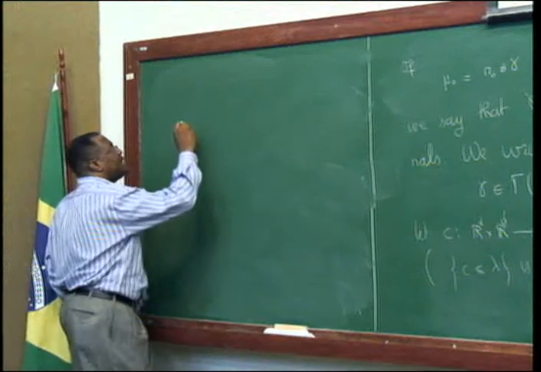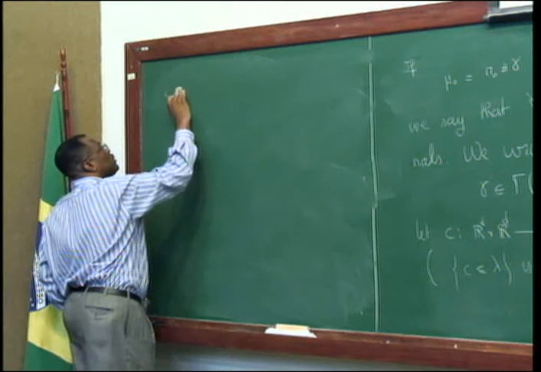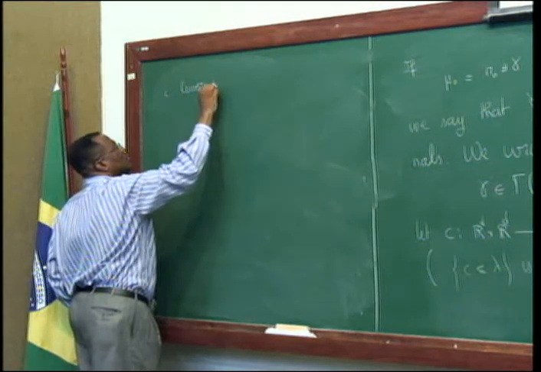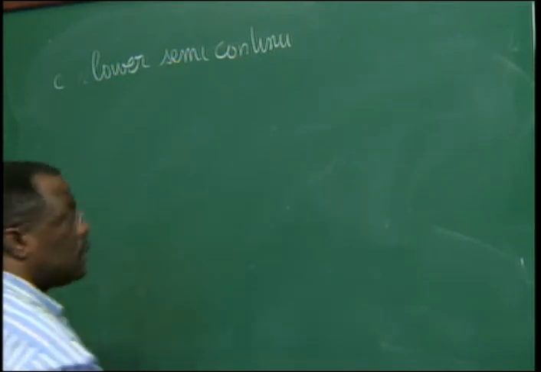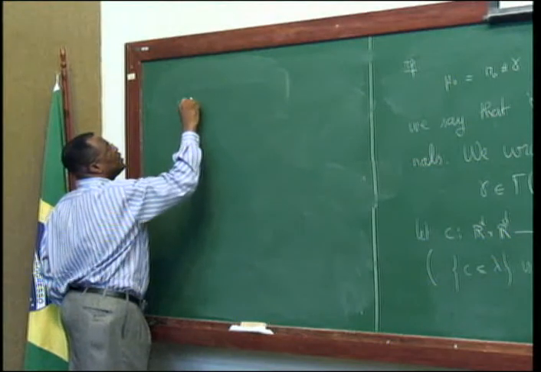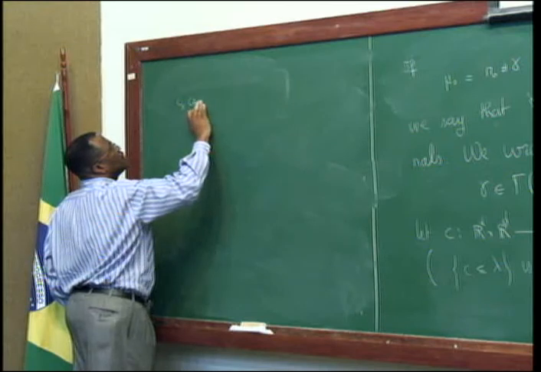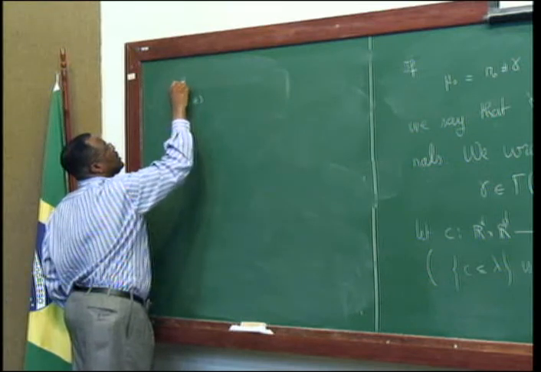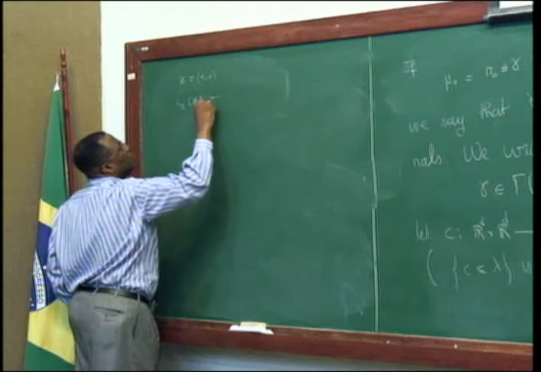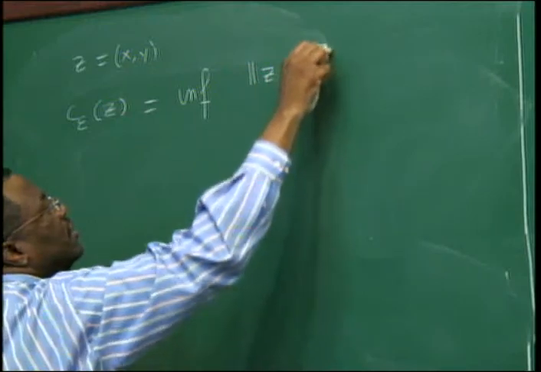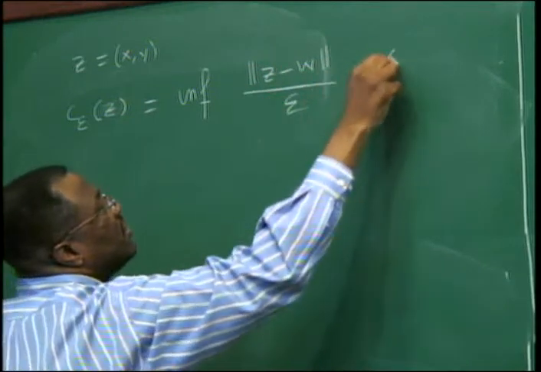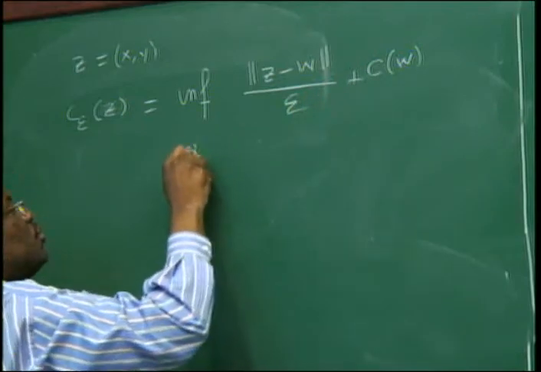It is well known that if C is lower semi-continuous, for arbitrary C, define C epsilon of x, z, so here z is y, to be the infimum over w in R^d of the distance between z and w divided by epsilon plus C of w.